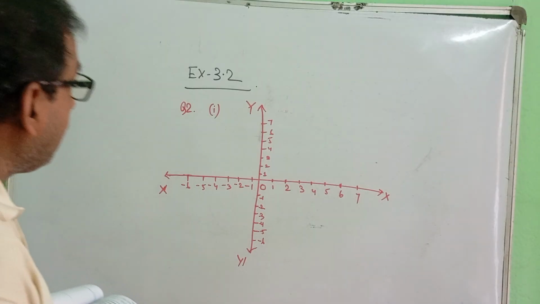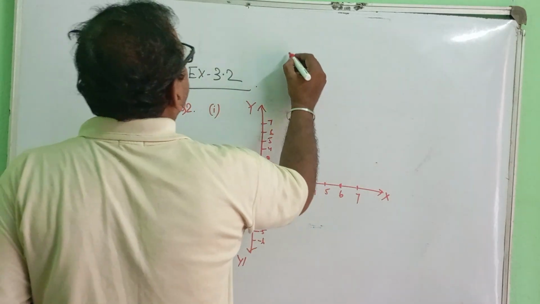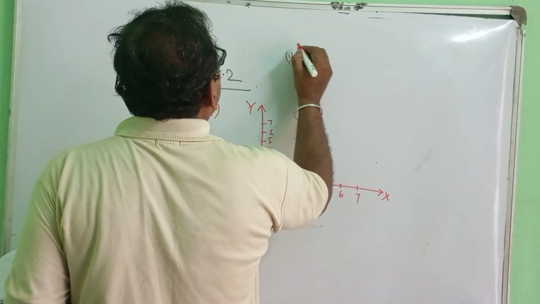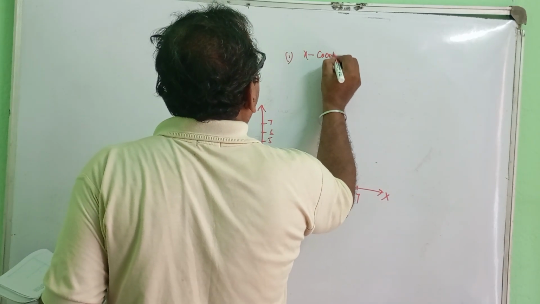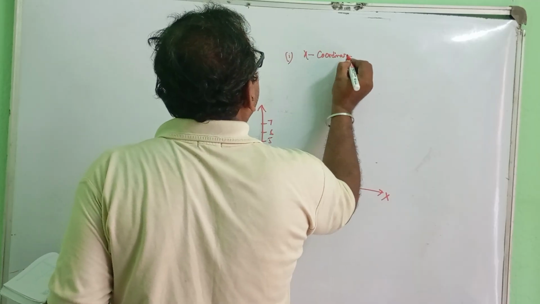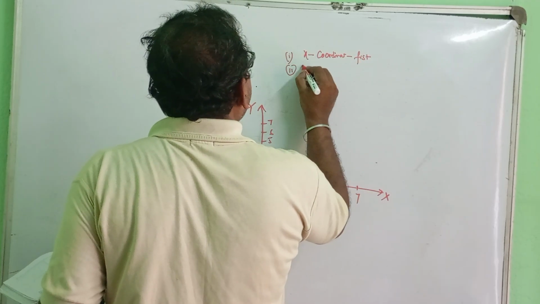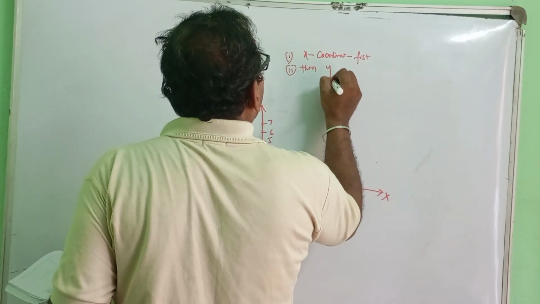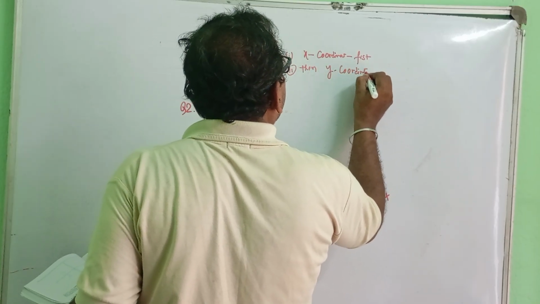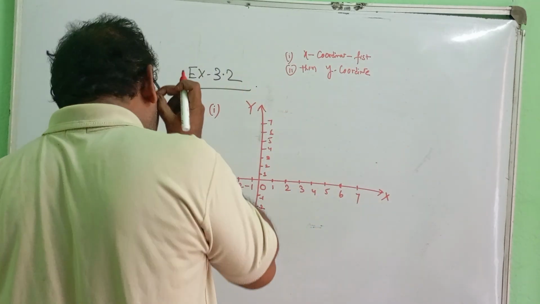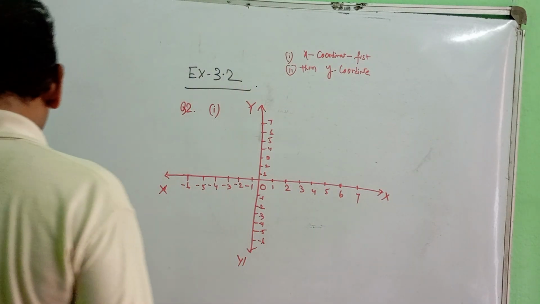Now before we start solving these, what we know is: number 1, the x coordinate first; number 2, then the y coordinate. So each and every point should be x comma y.